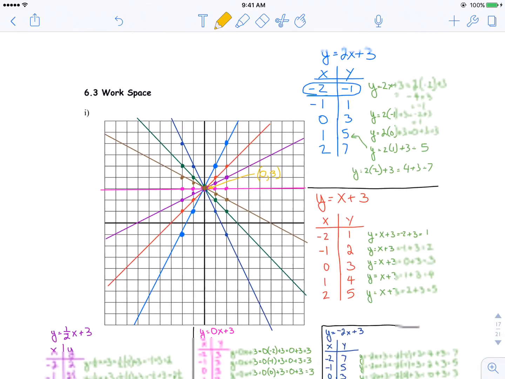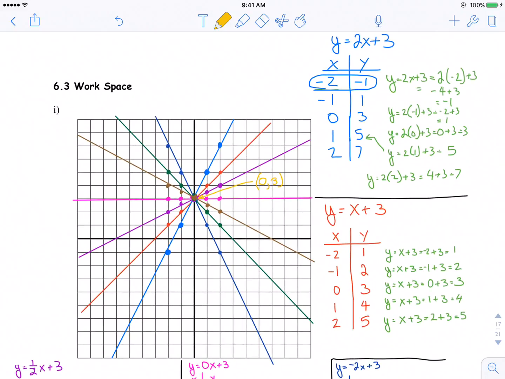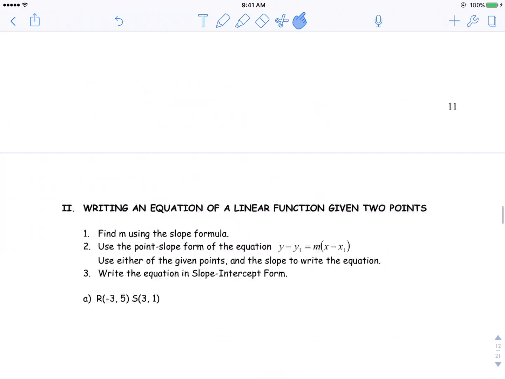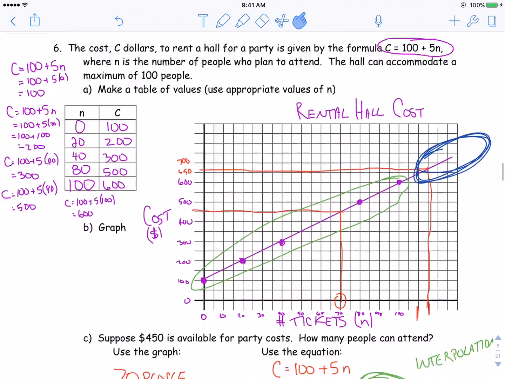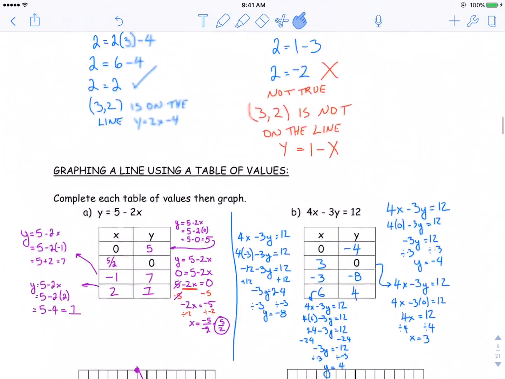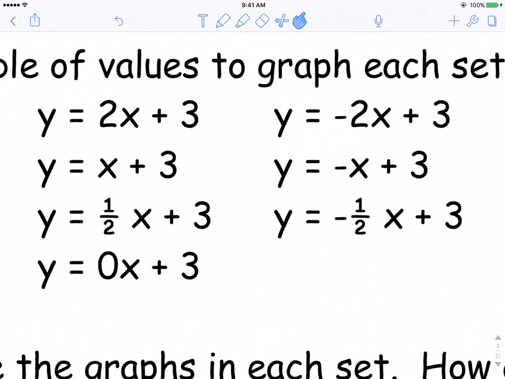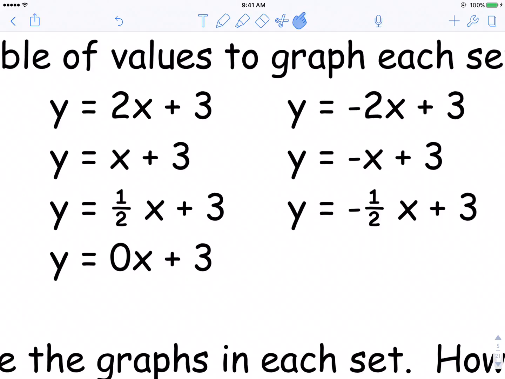Now if we look at the equations of each individual graph, let me go way back to 6.3 in the notebook here. Looking at the first set, knowing that we can look at those graphs and see they all cross at the same point, we can ask ourselves, what's the same about all of these equations? Well, the same thing in all of these equations is that they all have this plus 3.